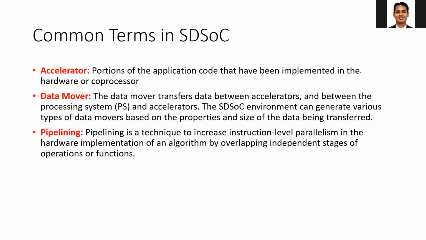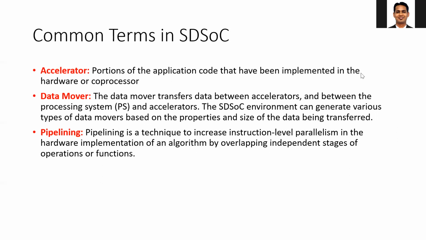Pipelining, we have discussed this in detail. It's a technique to increase the instruction level parallelism in the hardware implementation of an algorithm by overlapping the independent stages of a function. In pipelining, we divide the hardware into multiple stages and we make sure that each stage is active all the time. For example, in the previous lecture, we discussed a function which has three units: read, compute, and write.